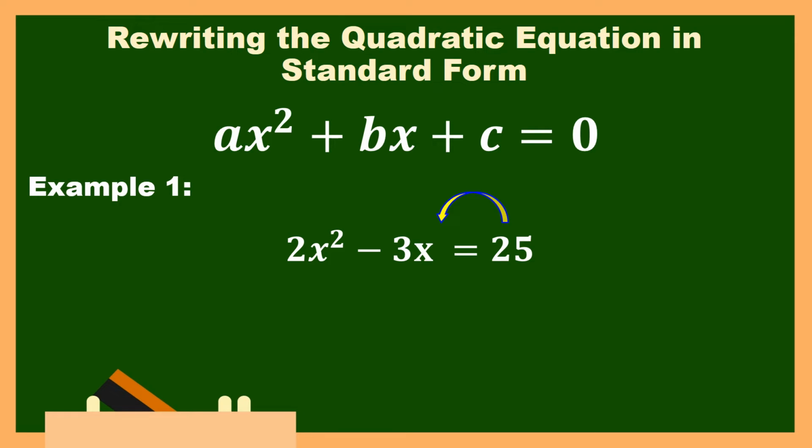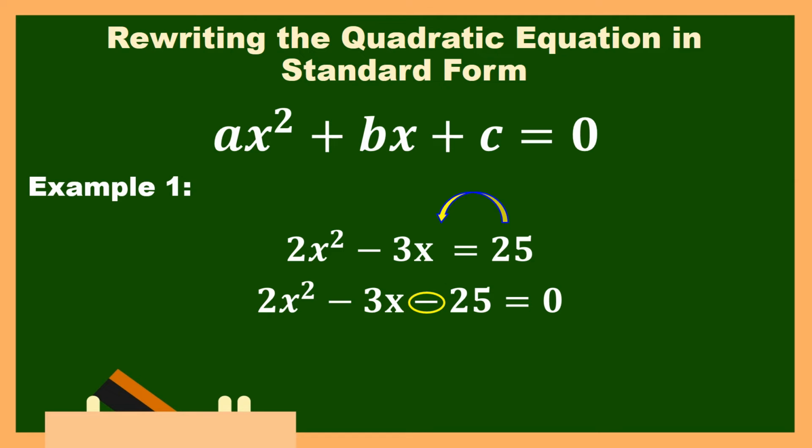Okay, ngayon, kapag ilipat na natin yung 25 na constant term papunta sa kabilang side, magiging 2x squared minus 3x minus 25 equals 0. Bakit po naging negative si 25? Kasi once we transpose o transfer any integer or variable into the other side, nagpapalit po ang kanyang sign.